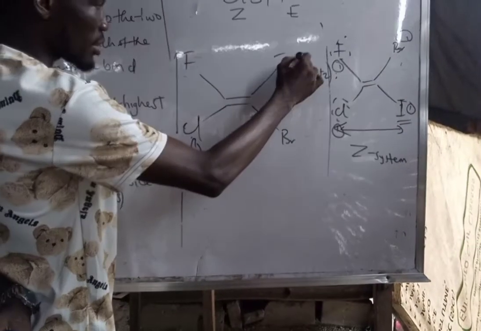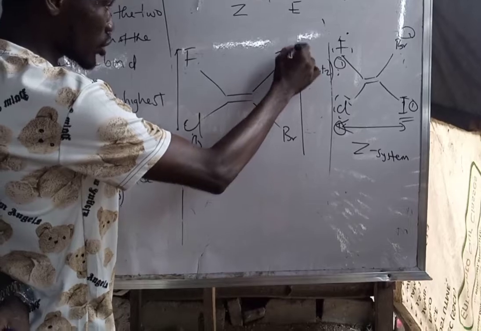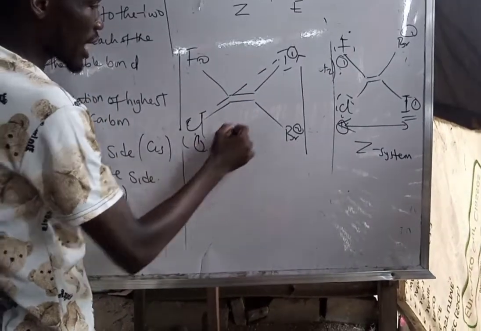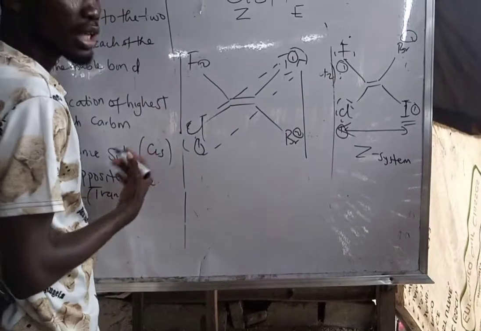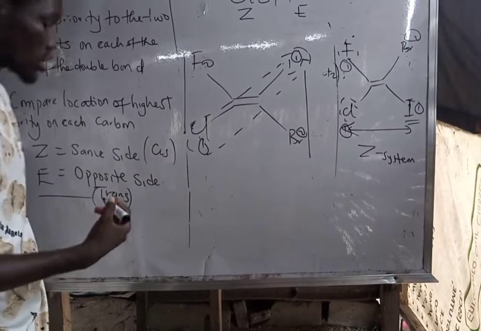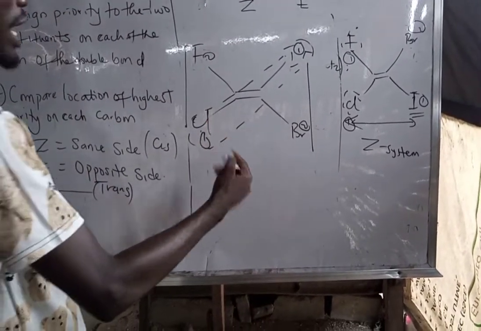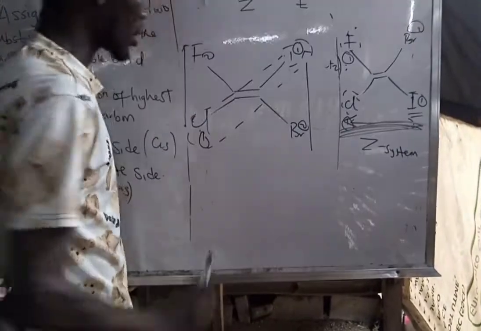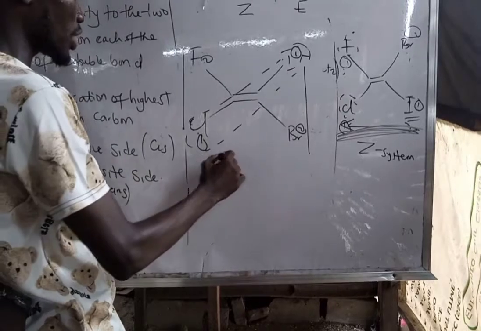This has a higher atomic number than this, my iodine, to be 1, and the others 2. So you can see, looking at what you have here, they are alternate, so they are opposite to each other. Don't forget this one, they are on the same side. Are you with me now? This one, they are opposite to each other, so we take it to be what?